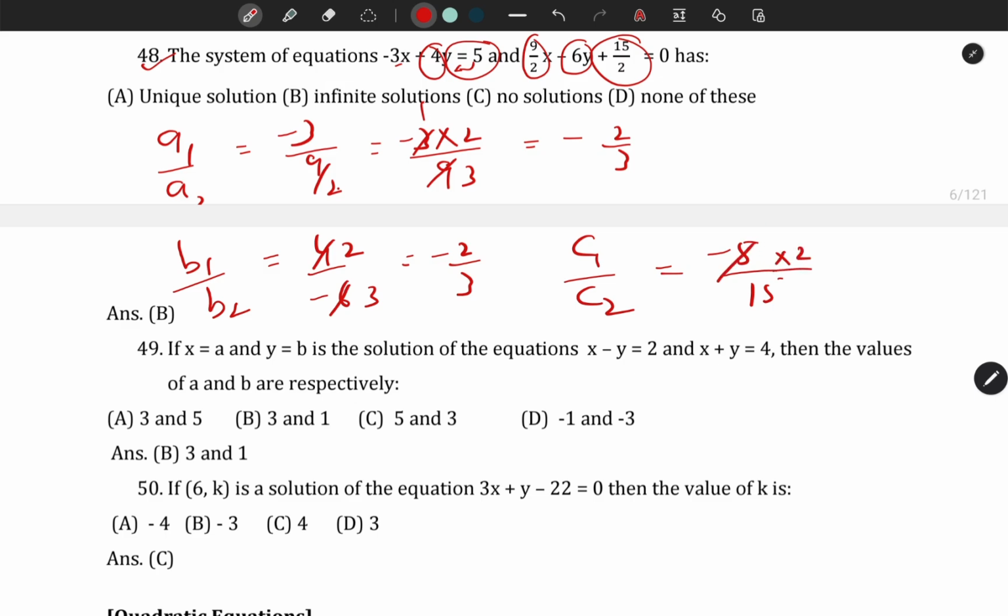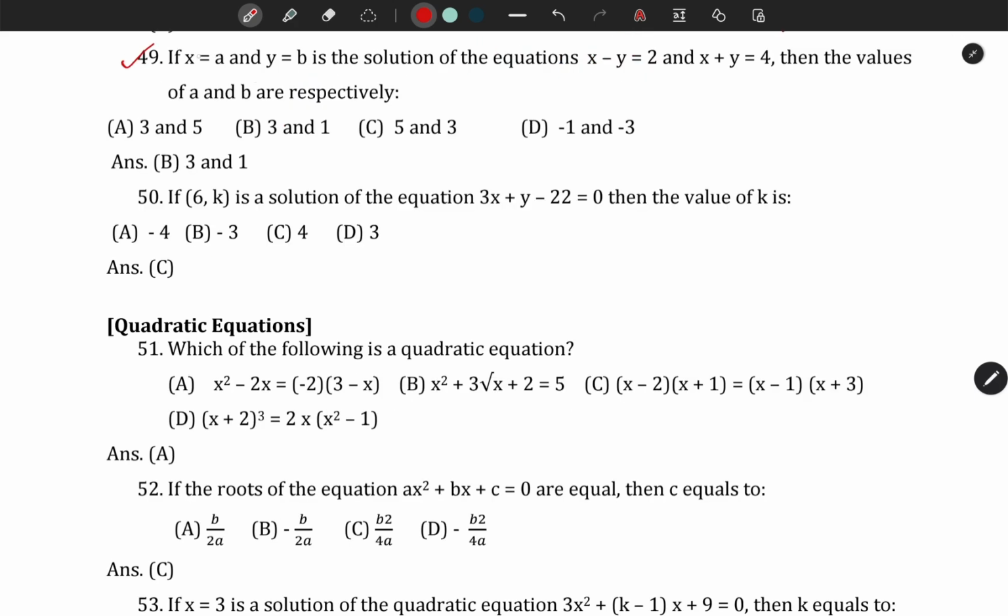So we cancel 5 ones are 5, 5 threes are 15, so we're getting minus 2 by 3. Since all the three ratios a1 by a2, b1 by b2, c1 by c2 are all equal, the system of equations has infinite number of solutions. So the correct option is B, infinite number of solutions.